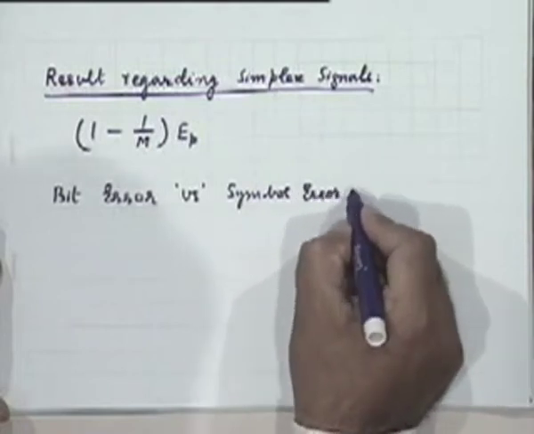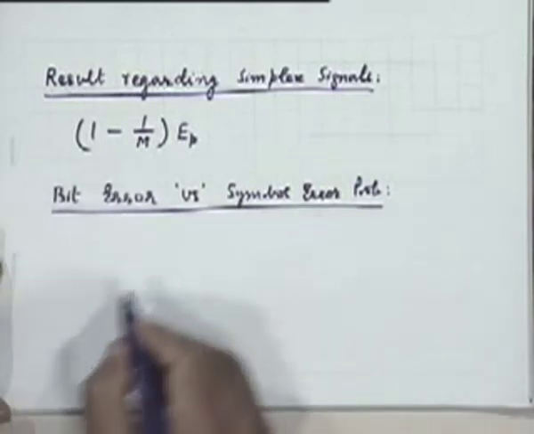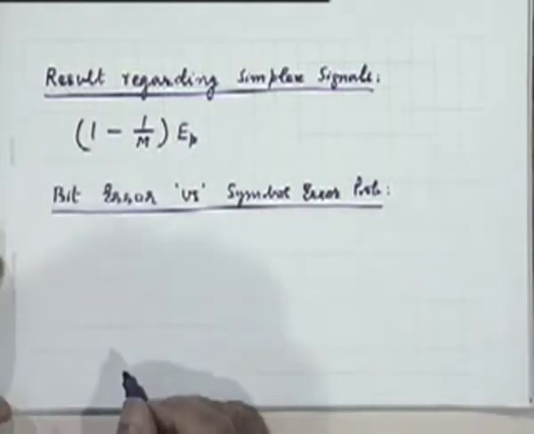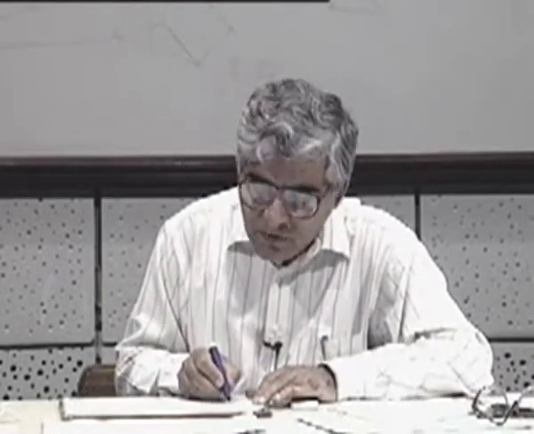Now let's leave the world of speculation and try to see what result we can get. Now let's go through some logical arguments. The first point is, when a symbol error occurs, any one of the other M-1 symbols could be obtained. The erroneous symbol could be any of the other M-1 symbols other than the true one.